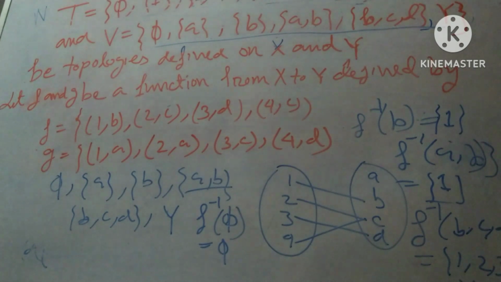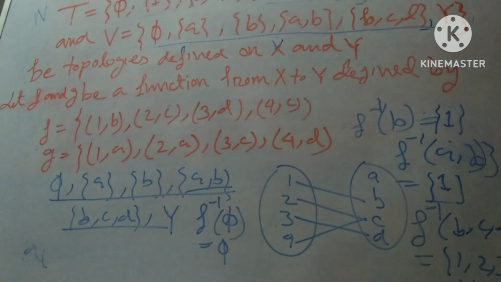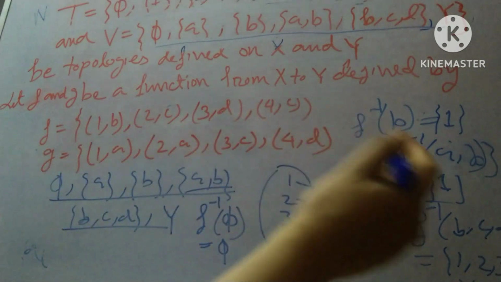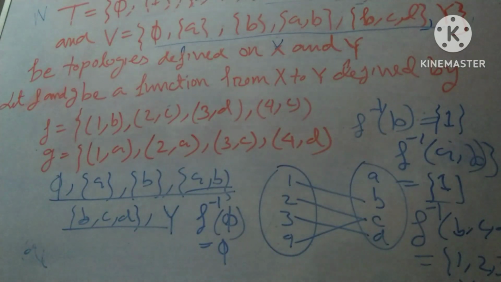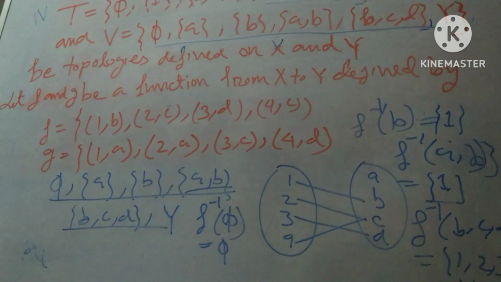I have already found out the open sets of V, and we get all the inverse images are open sets of T. So it is clear. I hope you can understand this question.